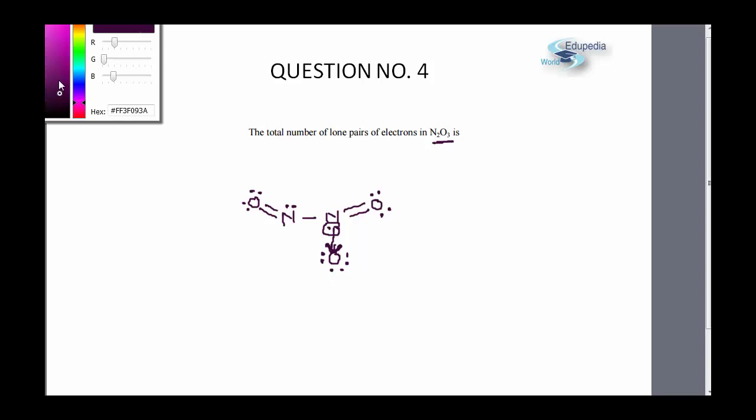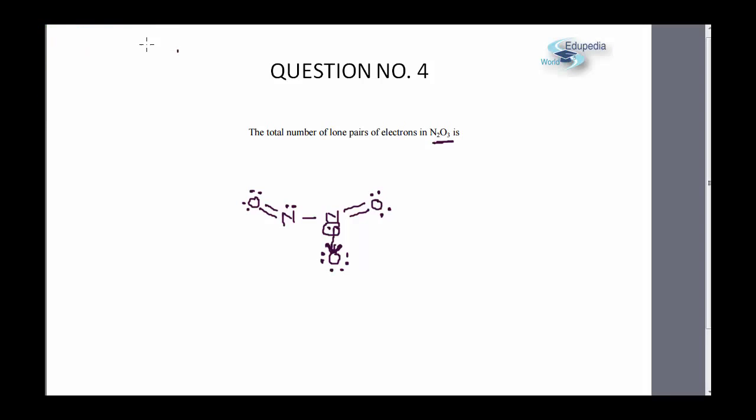And now if I try and count the lone pairs, the number of lone pairs, that can be easily identified. There are 2 lone pairs on this oxygen atom. Okay. Similarly 2 lone pairs on this oxygen atom. That makes them a total of 2 plus 2, that is 4. 1 lone pair on this nitrogen atom also.